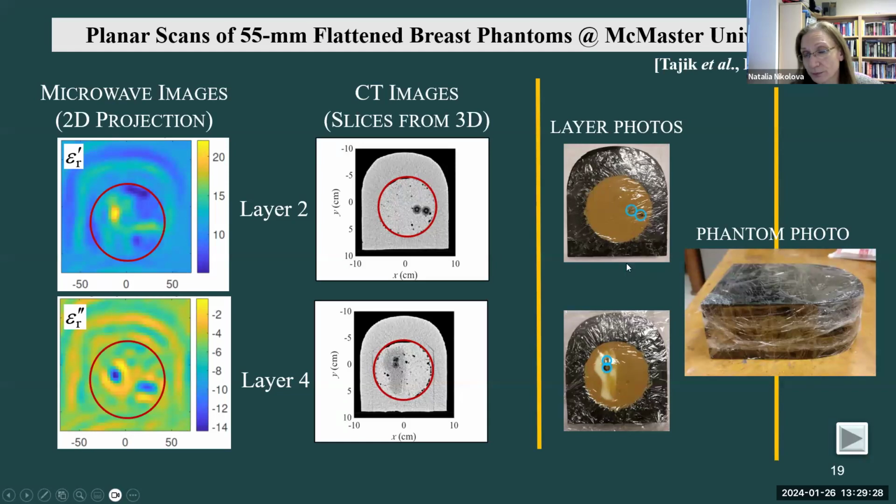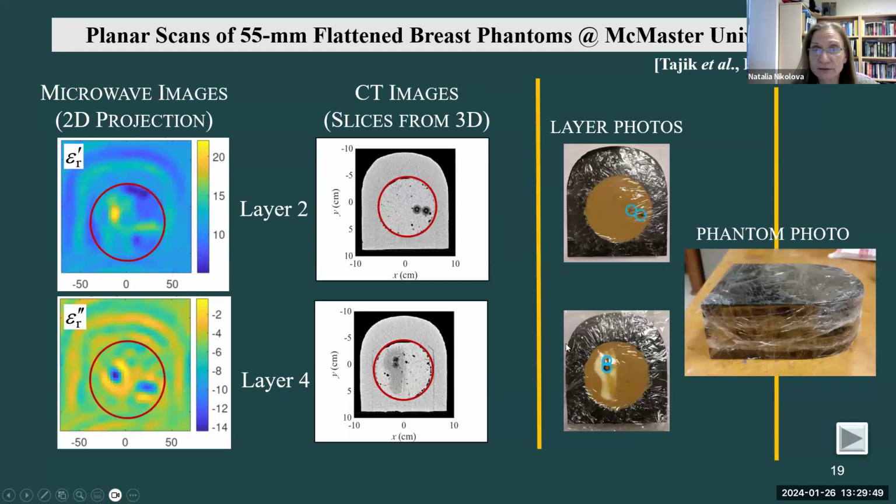You see the brown mixture, which represents scattered fibroglandular tissue, and the whitish area, which is a phantom for fibroglandular stroma tissue.